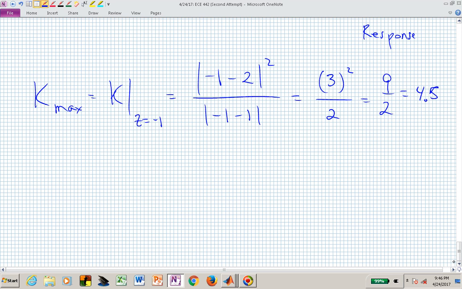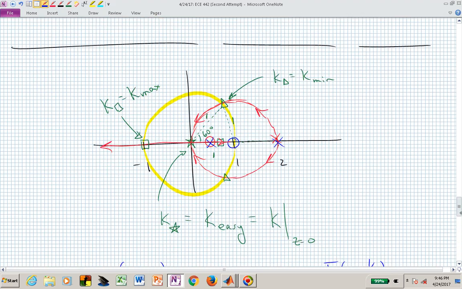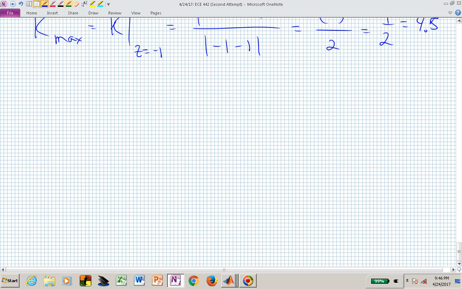So our maximum value is 4.5, and in fact, if we look back at what we had in this picture, if I draw it a little bit better, you would see that we now had the triangle right there, and there's our origin to the triangle.